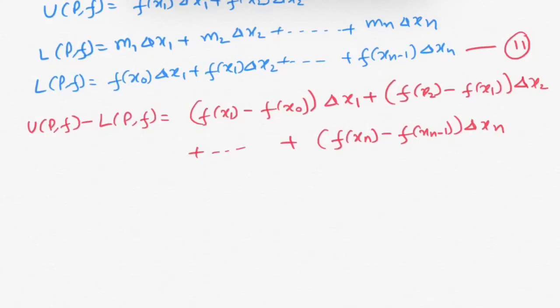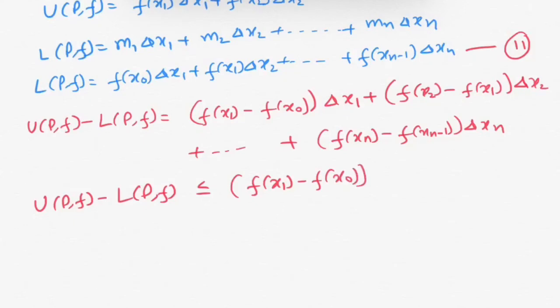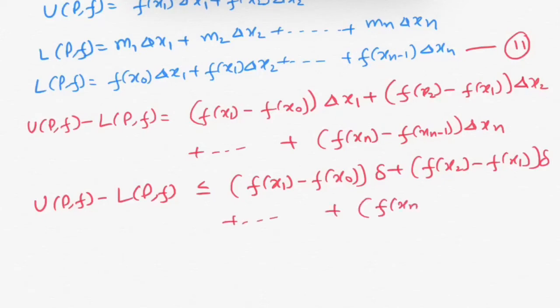So U(P,f) minus L(P,f) is less than or equal to (f(x1) minus f(x0)) delta plus (f(x2) minus f(x1)) delta, and so on, (f(xn) minus f(xn-1)) delta.